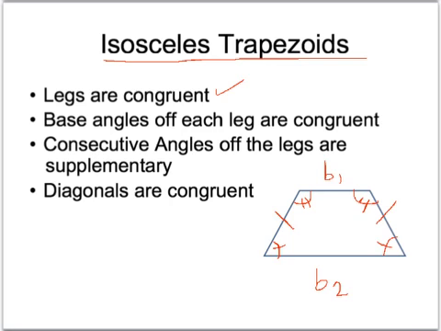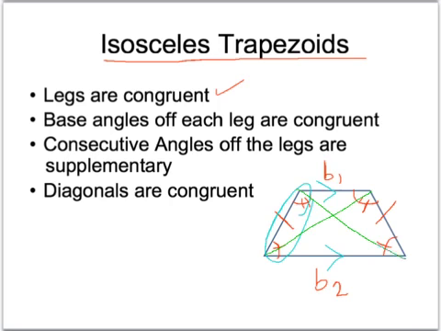And also realize that because you have a parallelogram, or I'm sorry, not a parallelogram, but because you have this set of parallel sides, these angles will be supplementary. Okay? And another property that they don't mention in your book, but it is true, is that in an isosceles trapezoid only, not a regular trapezoid, the diagonals are congruent.